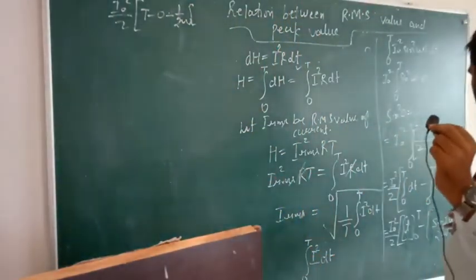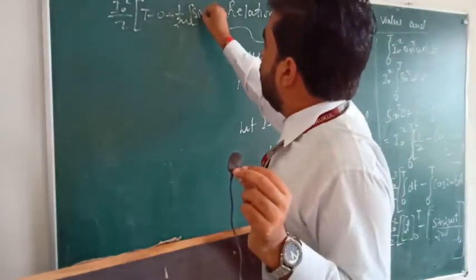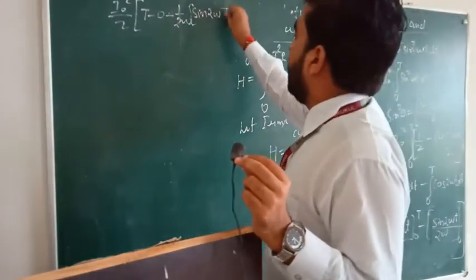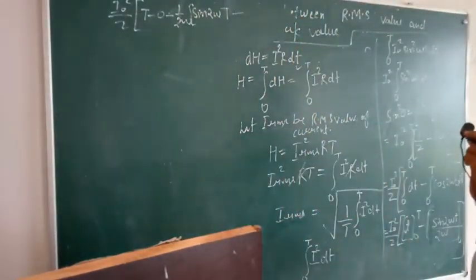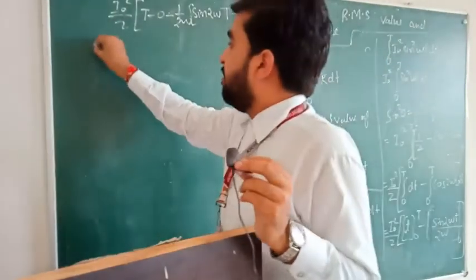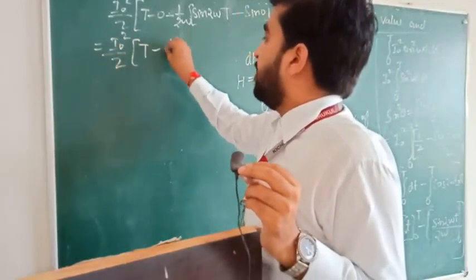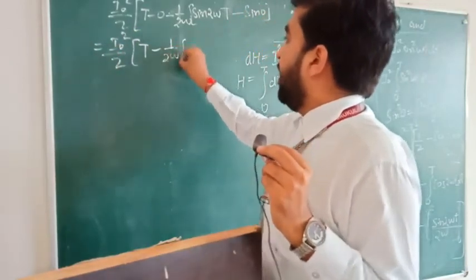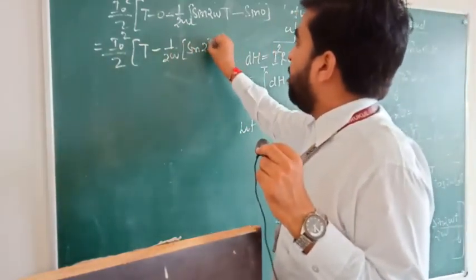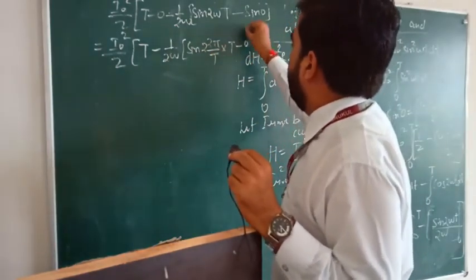Now sine 2 omega t, upper limit is capital T, so sine 2 omega capital T minus sine 0. Sine 0 is actually 0. Now substitute this value: I naught square upon 2 t minus 1 upon 2 omega sine. What is the value of omega? 2 pi upon t into t minus sine 0, 0.